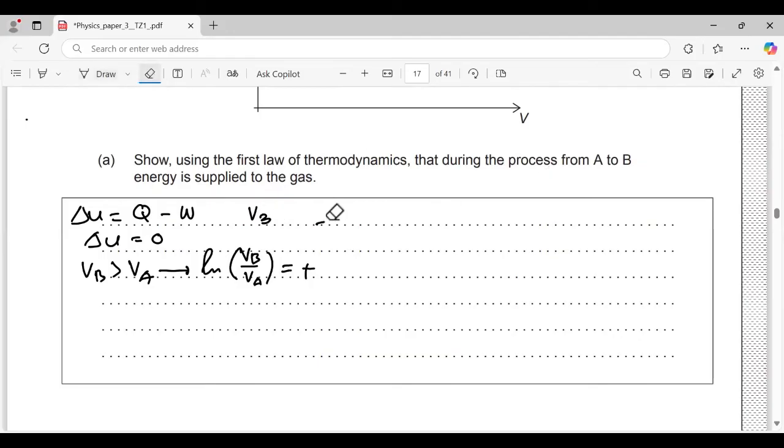I have to clean this area first. So ln V_B over V_A is a positive number.